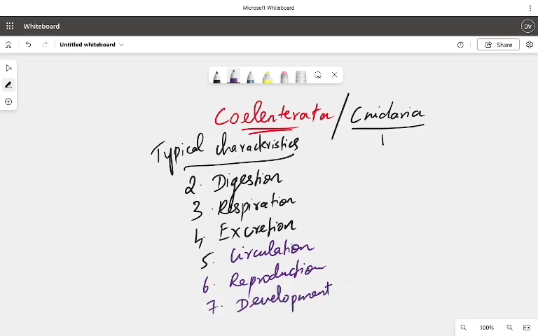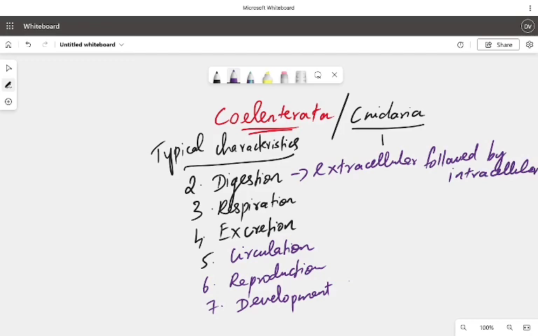We're talking about digestion, both extracellular and intracellular. Actually, extracellular followed by intracellular. Okay, and respiration, excretion, circulation, and all, if you see, through general body surface. GBS is general body surface.